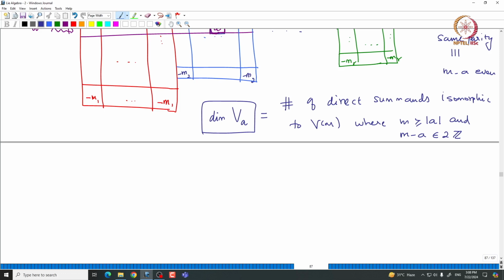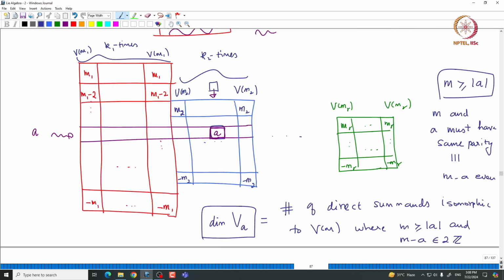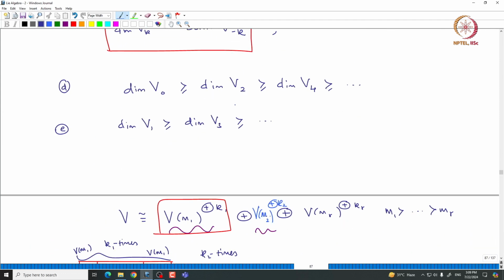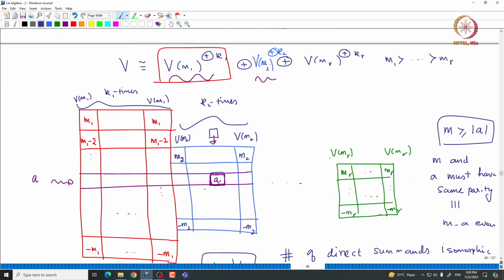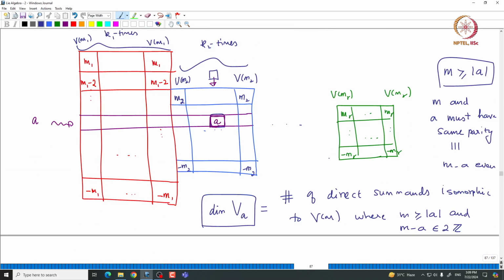So, this is indeed a very immediate important observation that we can make. Now, using this you can easily conclude that these inequalities are satisfied. Okay. So, if we take for example the dimension of V 0, that is going to be the number of direct summands isomorphic to V m, where m is greater than or equal to 0, that is obviously satisfied, but m minus A being even is just saying that m is an even number.